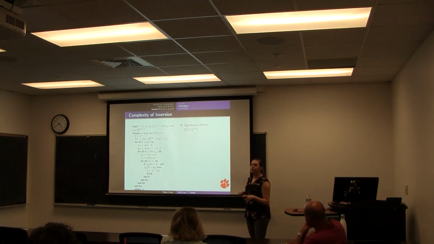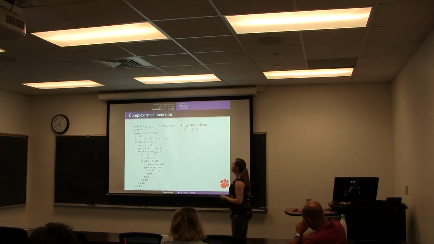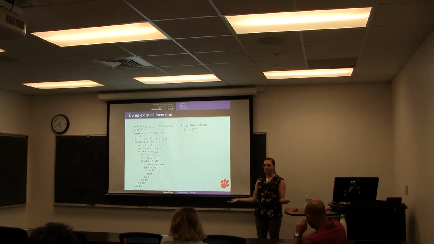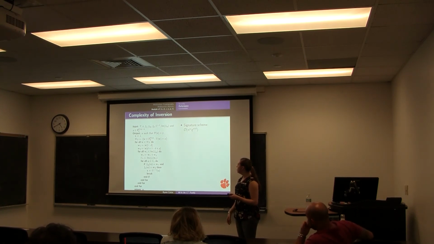If we use an efficient algorithm to invert FC, it's going to be about n to the omega. And then how many times do we have to do that? Well, we need to do it for all of the S's, because it's those WS's, and the T's in order. So that's about the complexity of inverting a signature scheme.